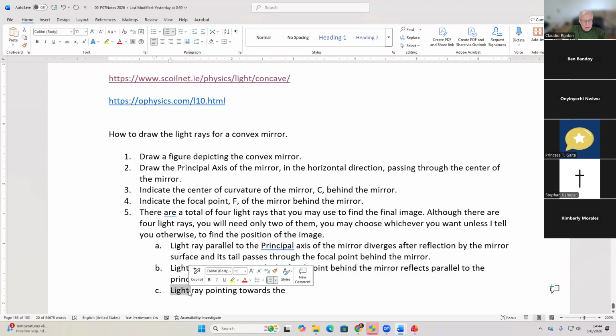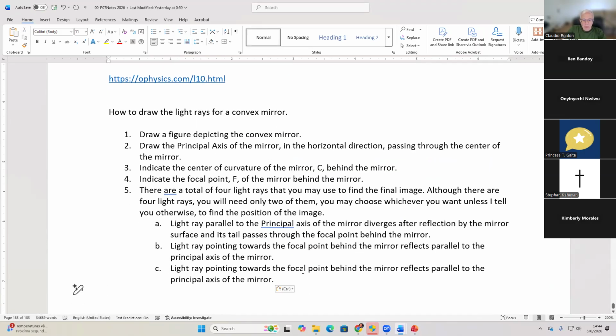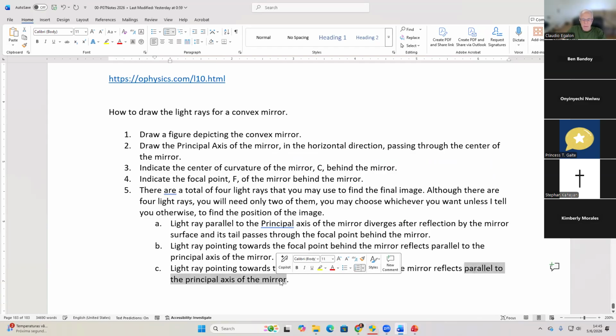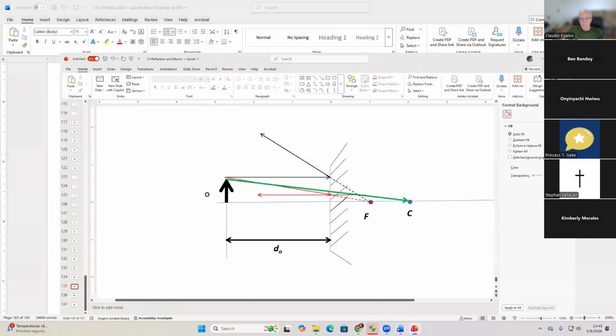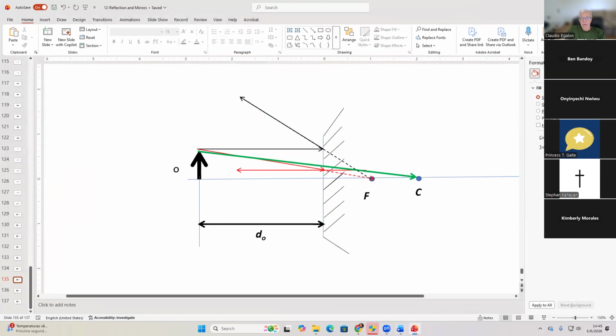A light ray pointing towards the center of curvature behind the mirror reflects on itself.